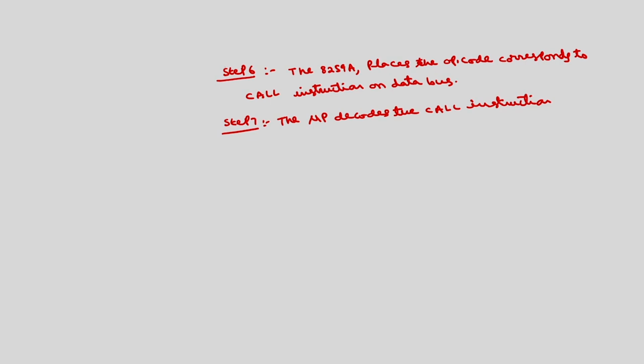So, it will send 2 more interrupt acknowledge cycles. After decoding, 8086 sends 2 more INTA bar cycles.